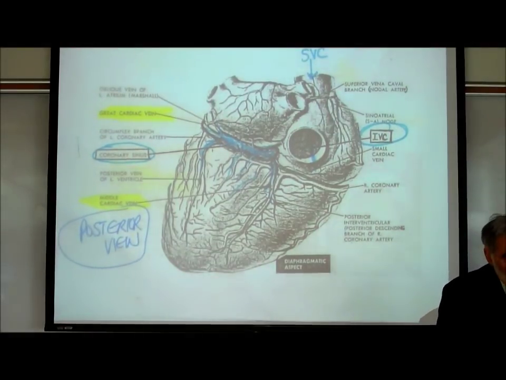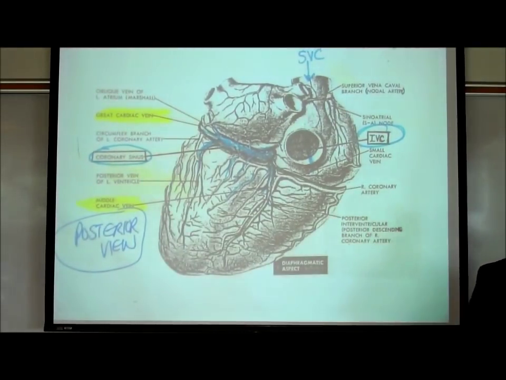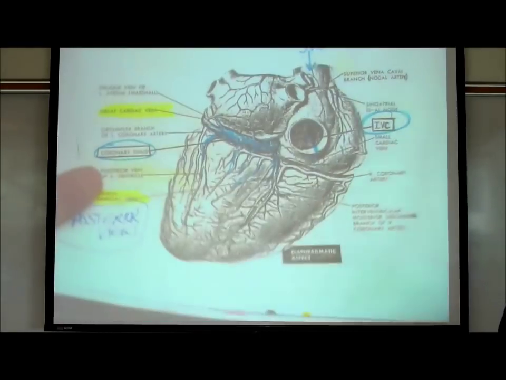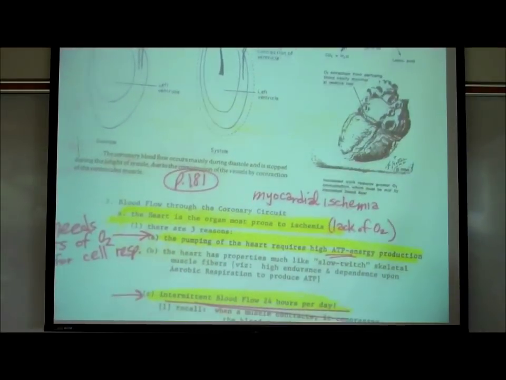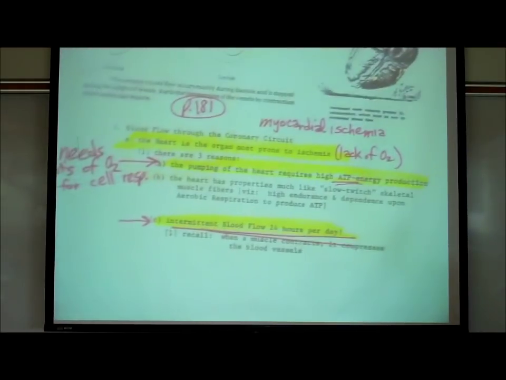I reviewed all of this last class meeting, and you can watch my video or any of the other videos. Make sure you understand the flow of blood through the heart. I can't emphasize that enough. That's a common place where students get confused, and that's a problem with anatomy.